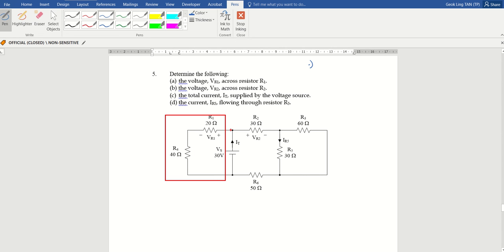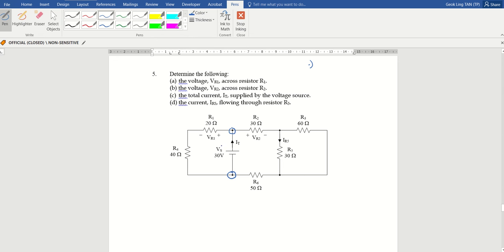Okay, and this part here is in parallel to this. The two of them, R1 plus R4, are in parallel with this voltage source. So the voltage drop across R1 plus R4 is equal to Vs. Okay, it's equal to Vs.